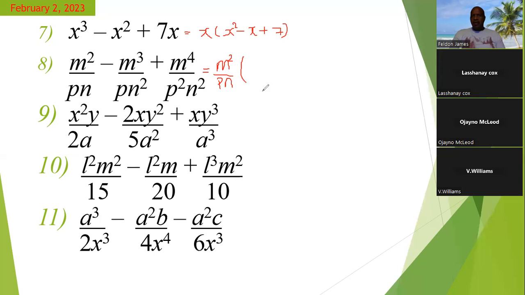All right, so we can't just ignore the denominator, Miss Williams. That would be 1, sir. So for the first term, we would cancel the entire fraction because we have m squared in the numerator and pn in the denominator. So this first term would be 1. Okay, sir. And now next we go to the next term. Put back the sign, minus.